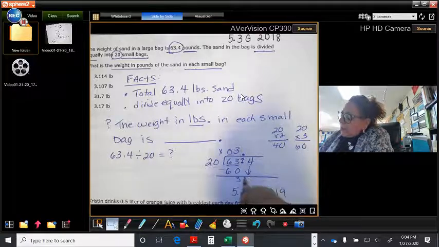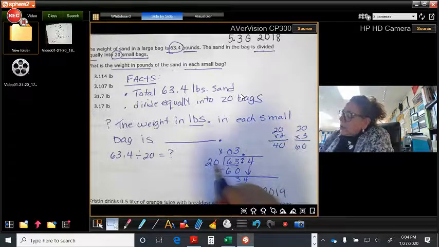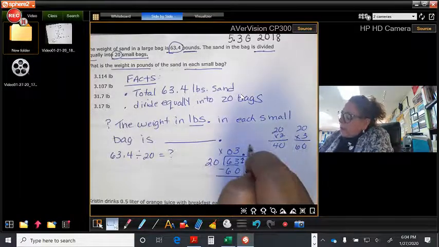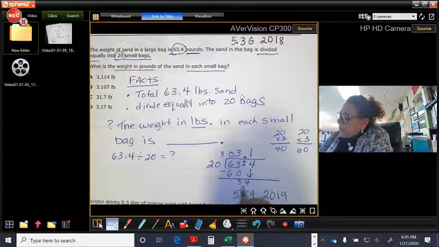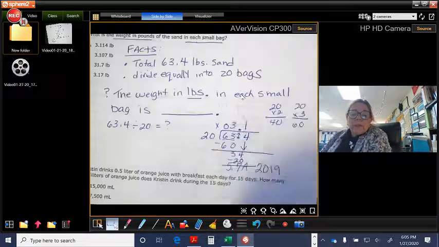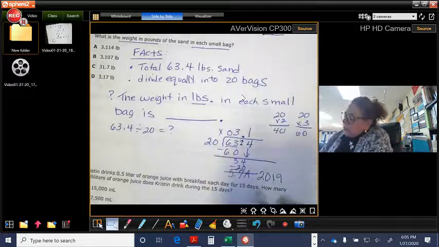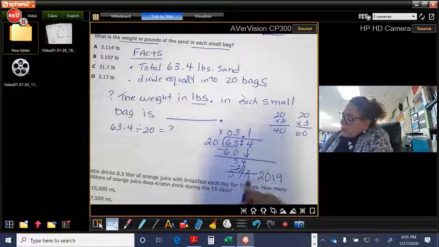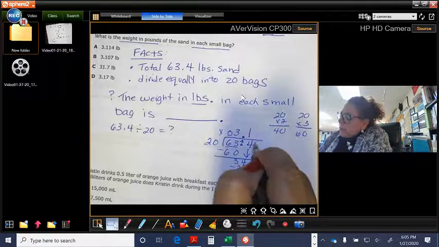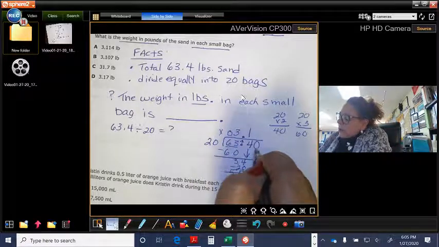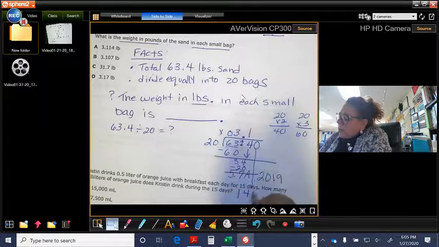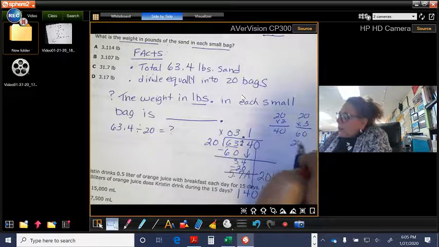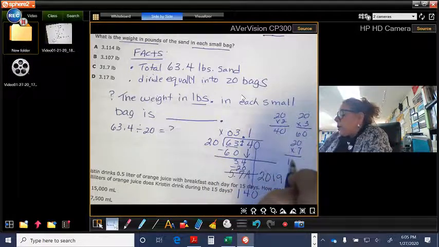I'm going to bring down my 4. 20 goes into 34 one time, and that's 20, and I subtract that out. So it's 4, and 3 minus 2 equals 1. Well, remember that when we did this a while back, we added another 0. 20 times 7 equals 140.